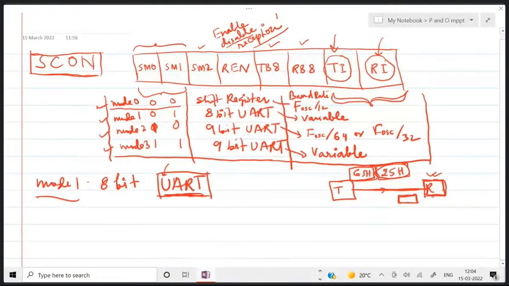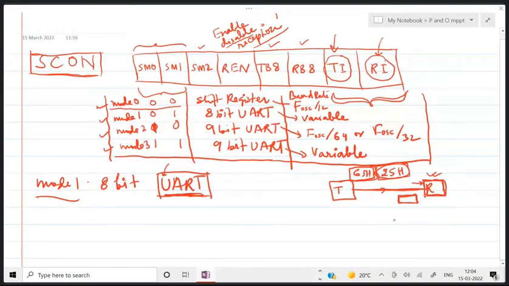This receiver should know when to start counting for the data that is being received and when to stop.